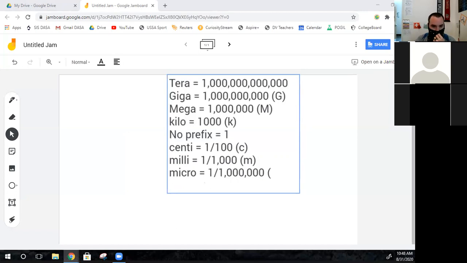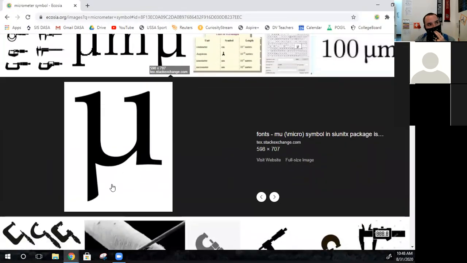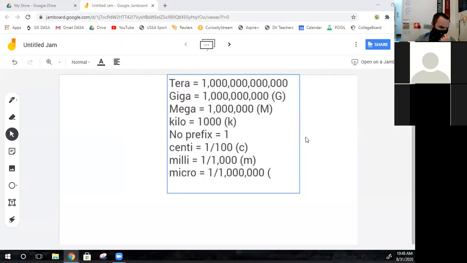Which looks like this. Maybe. Looks like that. Looks like a U with a tail.